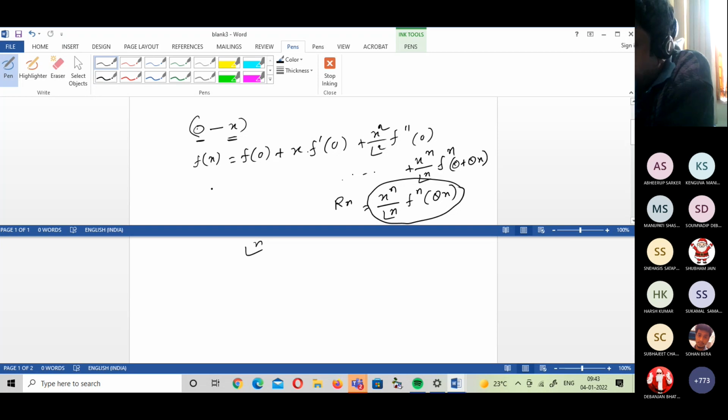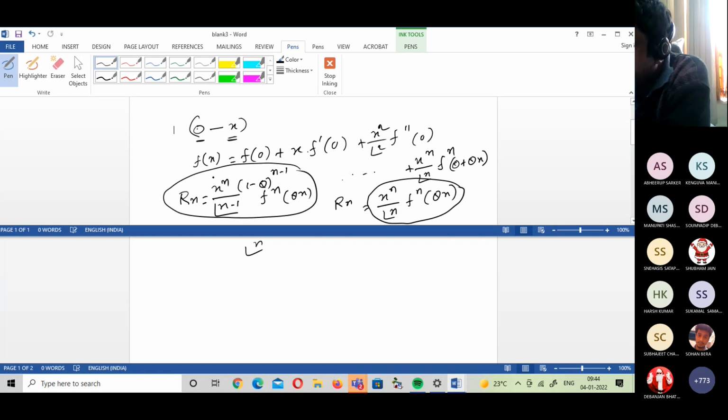Similarly, Maclaurin's expansion with Cauchy's form of remainder is x to the power n by factorial n minus 1, into 1 minus theta to the power n minus 1, into fn of theta x. This is Maclaurin's expansion with Cauchy's form of remainder. Nothing else has changed except the interval from 0 to x. Is it clear?